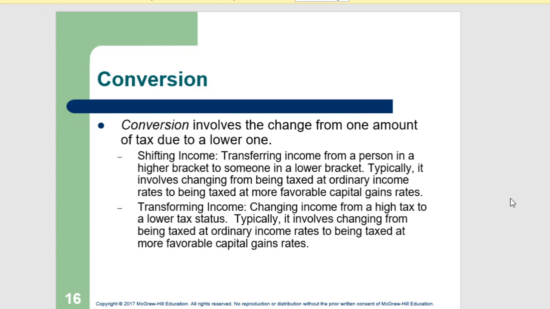Another strategy is conversion. Usually we're trying to change income from earned income to some kind of capital gain. You can do shifting and you can do transforming. An example of shifting would be, let's say I gave money to my child for college savings, right?